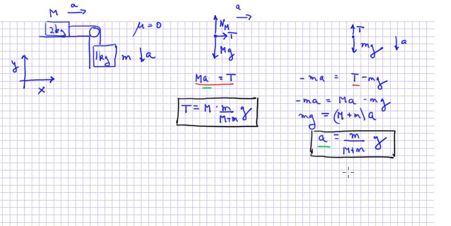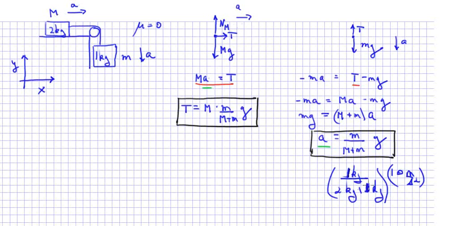So let's plug some numbers in here. First of all, the acceleration is going to be 1 kilogram, that's the value for little m, over 2 kilograms plus 1 kilogram, times 10 meters per second squared, using easy numbers for the acceleration of gravity.